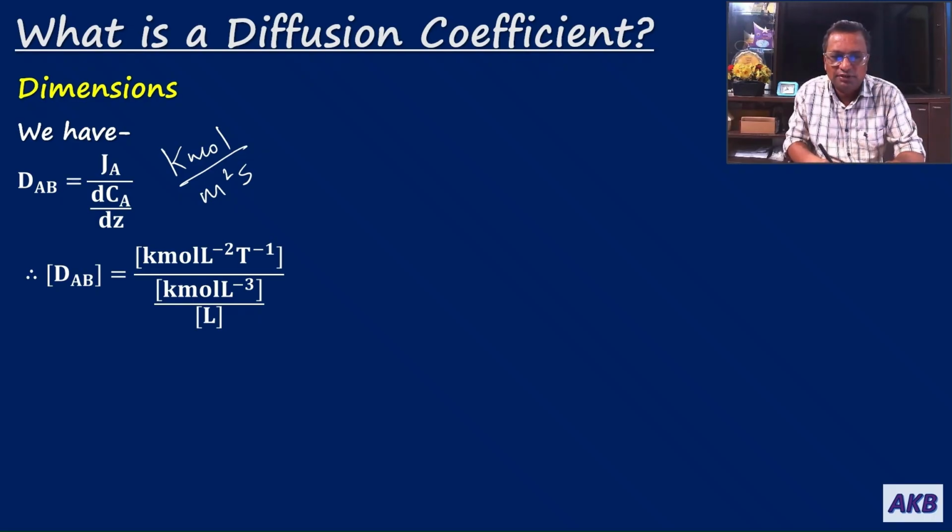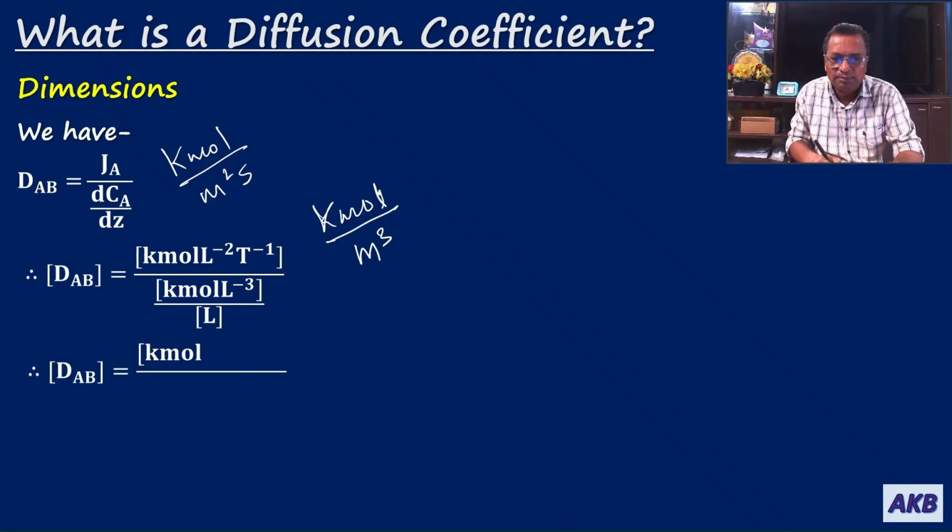Whereas the dimensions for molar concentration, which is kilomole per meter cube for example, are kilomole L raised to minus 3, and dZ, which is distance in the Z direction, has dimension L. That means dimensions for D_AB, if you simplify this, will be kilomole L raised to minus 2 T raised to minus 1 divided by kilomole L raised to minus 4.